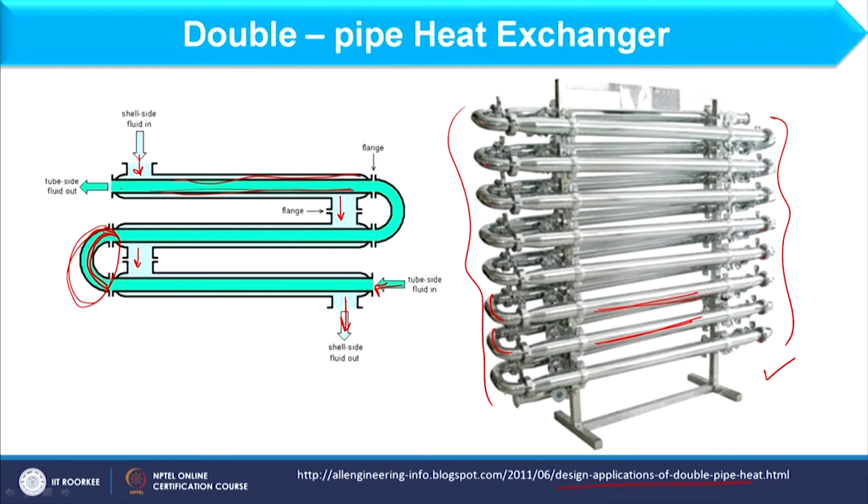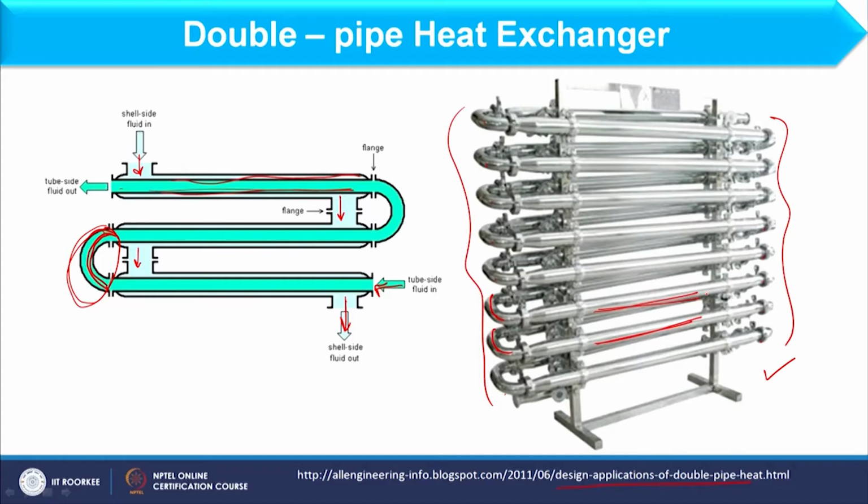Okay, so why am I putting this hairpin, or the U-turn, in a double pipe heat exchanger? The reason is very simple: it should occupy less space on the floor. Because if you are considering two concentric pipes, as we increase the area, the length of the pipe will increase significantly, and therefore it will occupy more and more space on the floor.